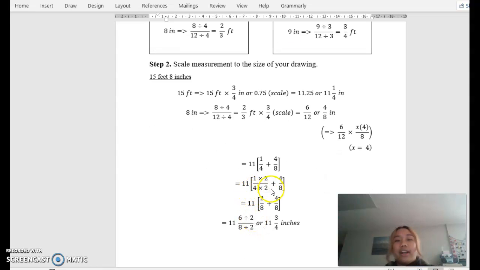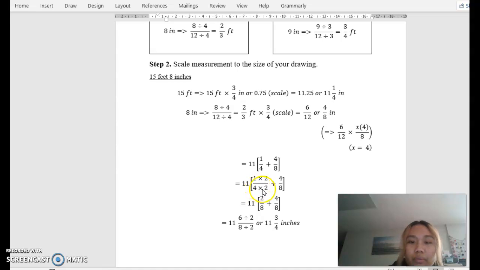To get the final answer for the first problem, we have to add them together: 11 1/4, which I got from here, and 4/8, which I got from here. We cannot add them right away because they don't have a common denominator, so let's find the least common denominator for 4 and 8, which is 8.